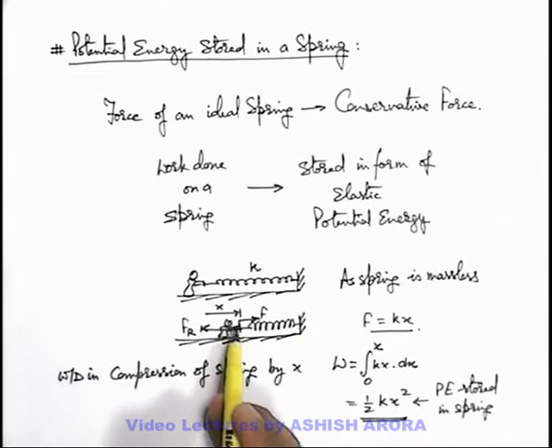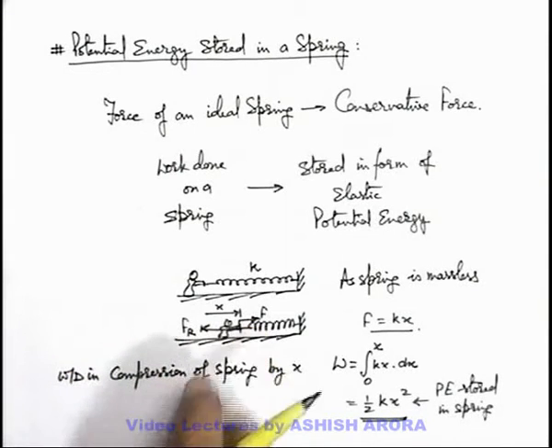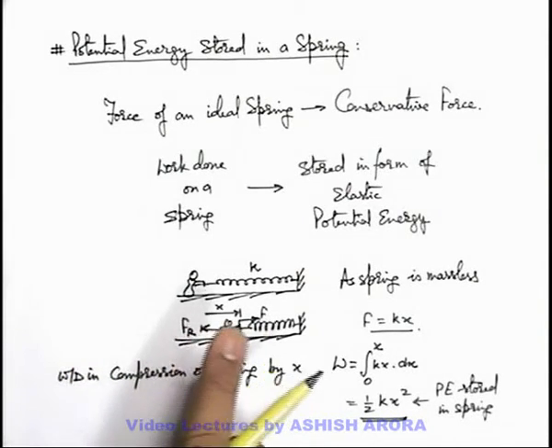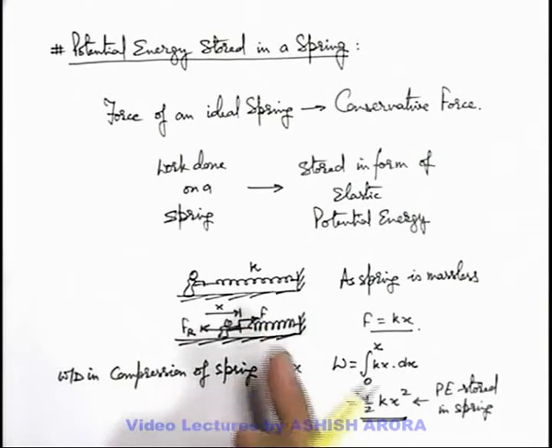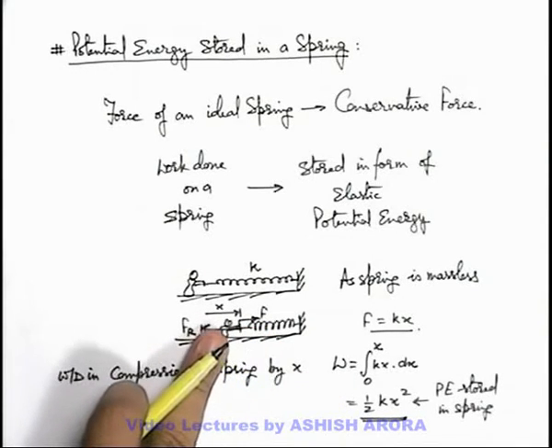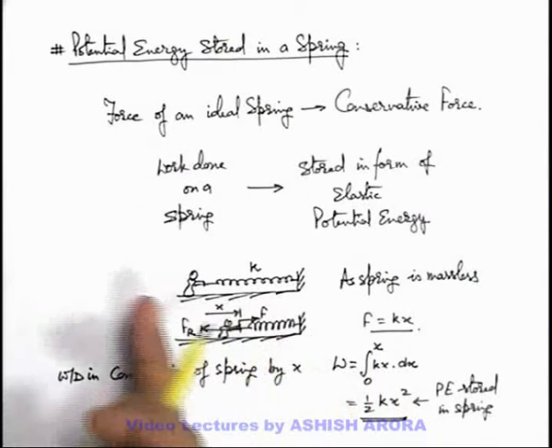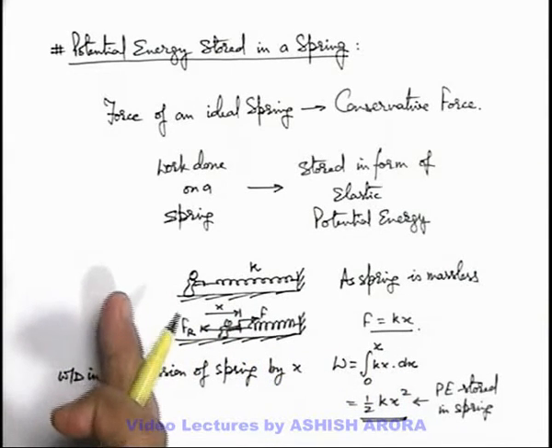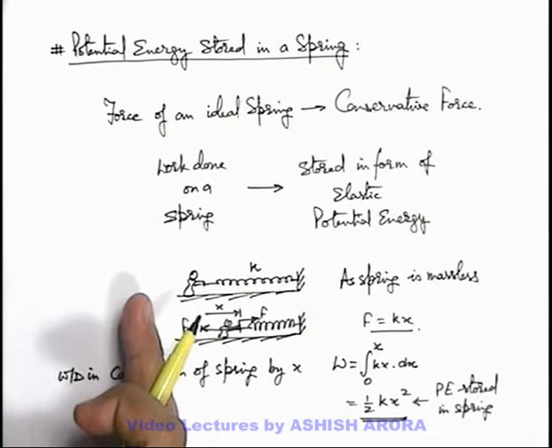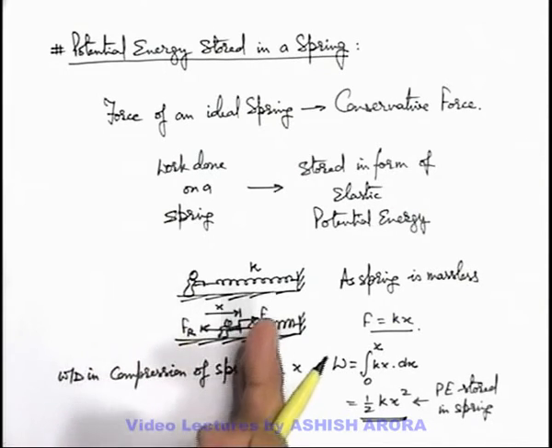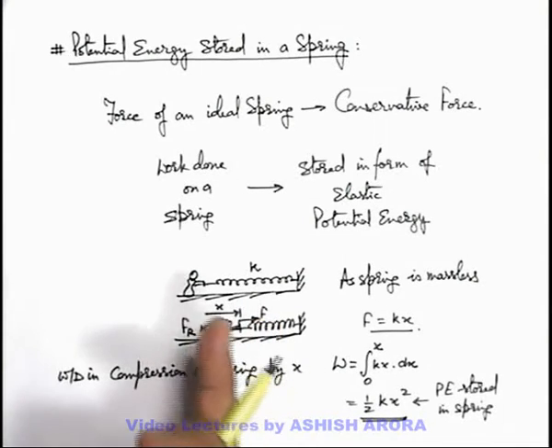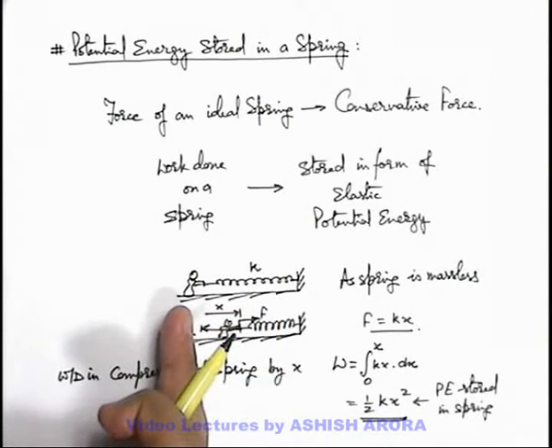While it was being compressed, the boy was doing work and energy was being stored in the spring. When he releases, the spring comes back to the original position, releasing potential energy and doing work on the boy, and the boy gains kinetic energy.